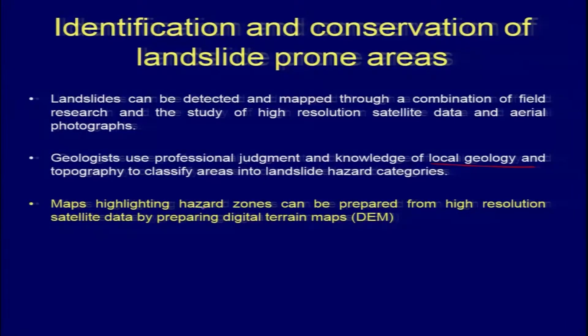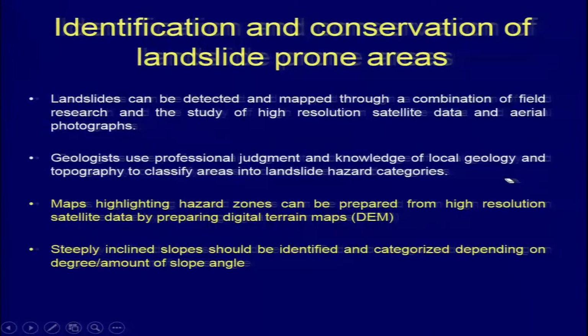Maps highlighting hazard zones can be prepared from high resolution satellite data by having digital terrain maps or digital elevation models, DEMs. So, you can easily work out the steepness or the inclined slopes, which you can identify, and depending on the degree of slope you can categorize the areas which will slip in future.